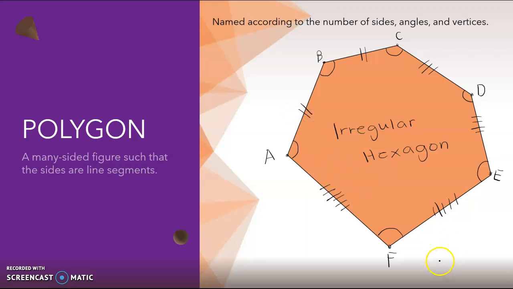So side AB and side BC are the same lengths, according to the marks. This can also be done with marking angles. If angles have different marks, then their measures are different. If they have the same marks, then their measures are the same.